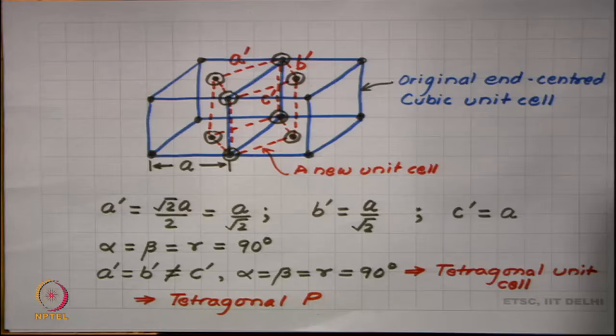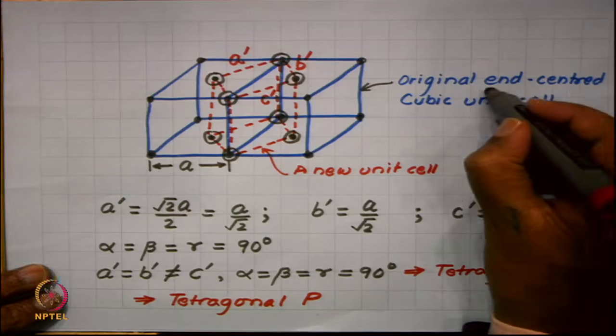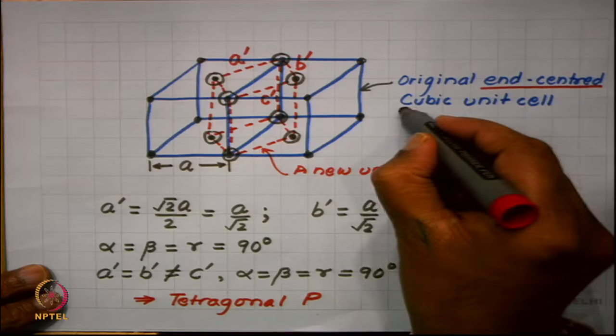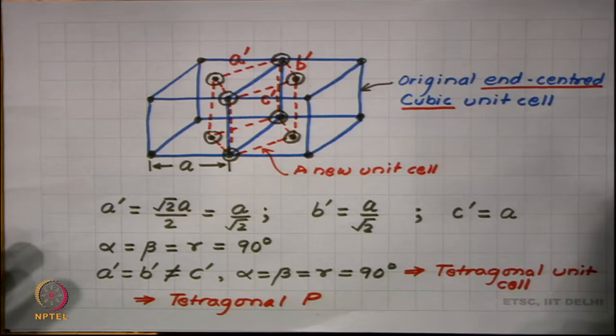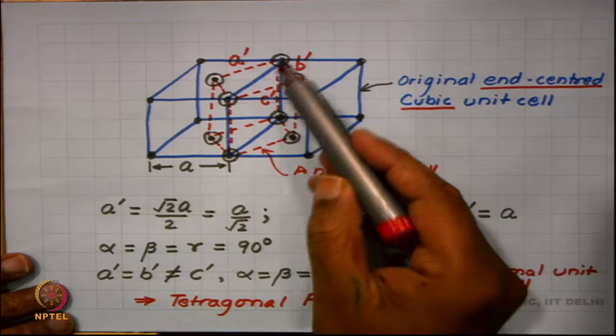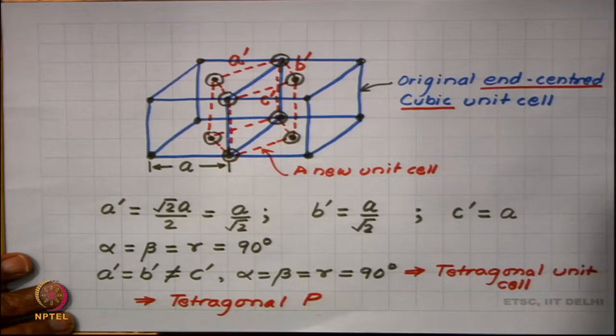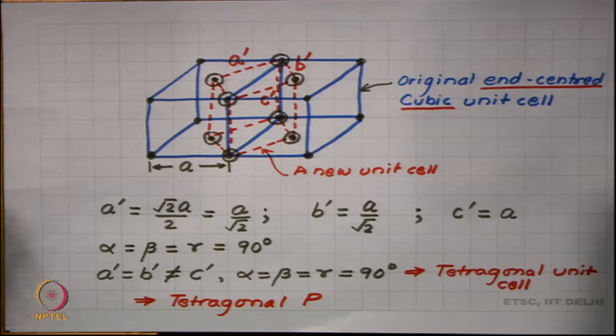which brings us to the question that we started with, body centered cubic unit cell. We started with a body centered cubic unit cell, but by a different choice of unit cell, we can describe the same lattice as primitive tetragonal or simple tetragonal. So, what shall we call this lattice?